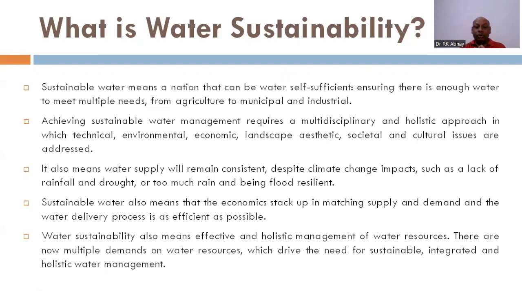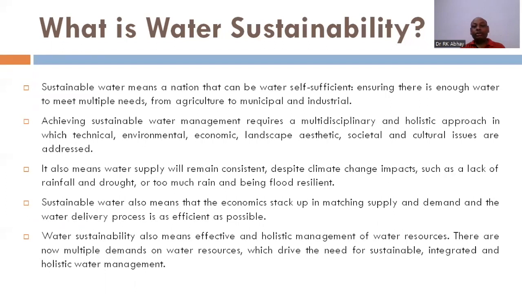Water sustainability also means water supply remains consistent despite many disasters, maybe climate change impacts, or lack of rainfall or drought. In any case, you should have a sufficient amount of water available to fulfill your basic requirements.